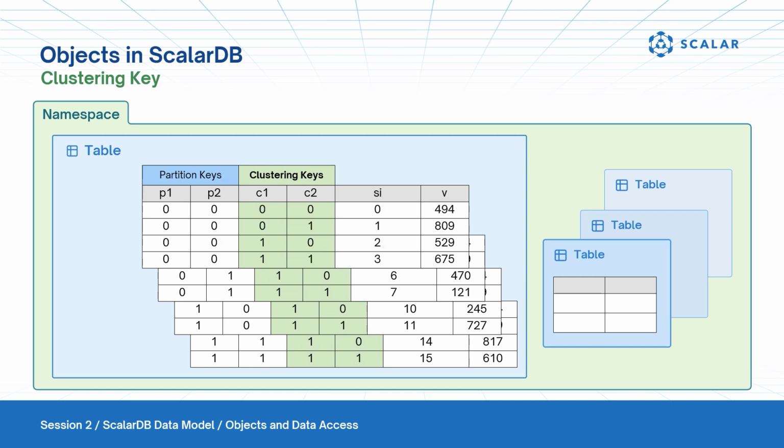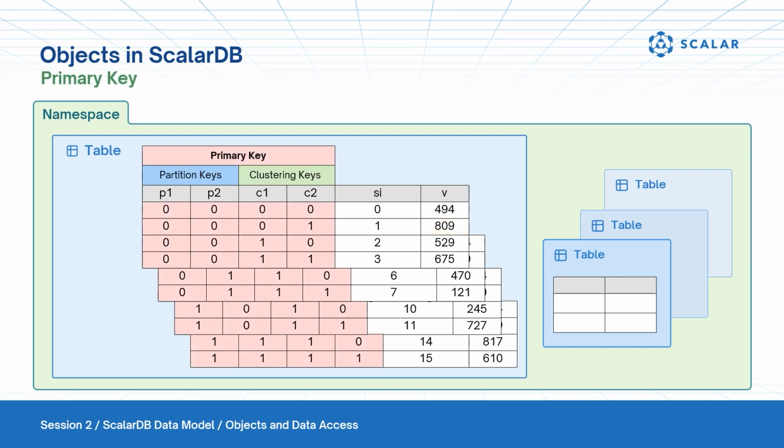Records stored within a partition are sorted by the clustering key column. In this example, we can identify one record with partition keys as P1 equals 0, P2 equals 0, and clustering keys as C1 equals 0, C2 equals 1.